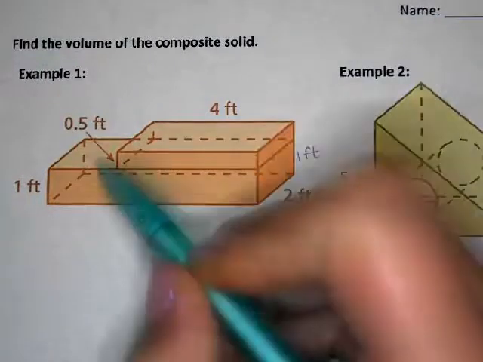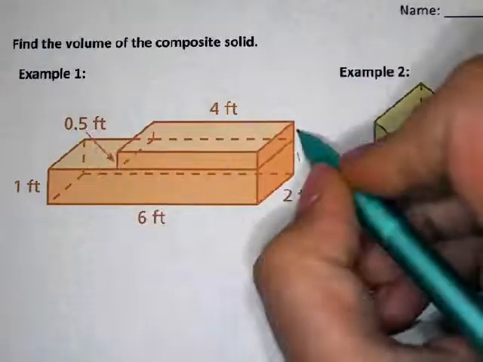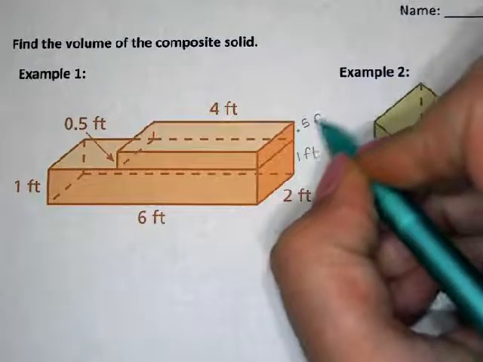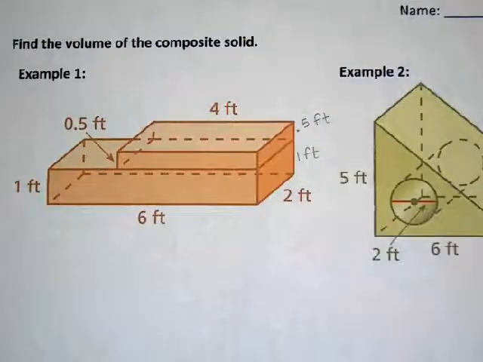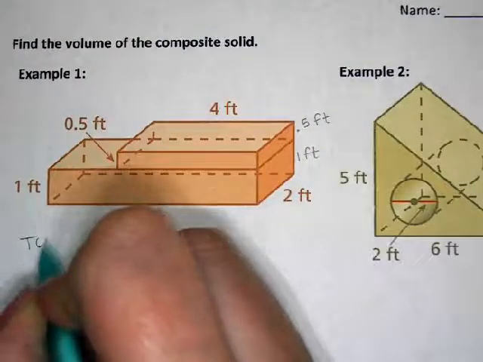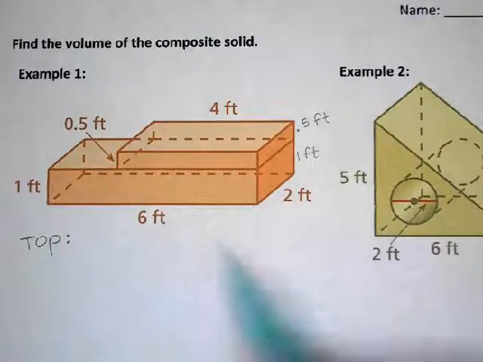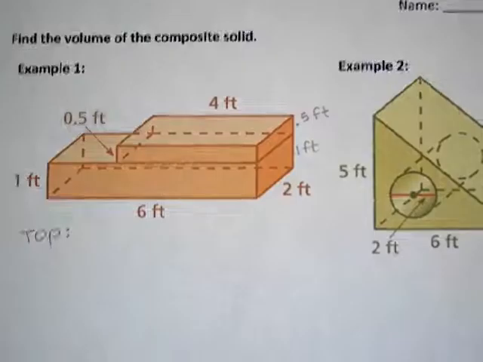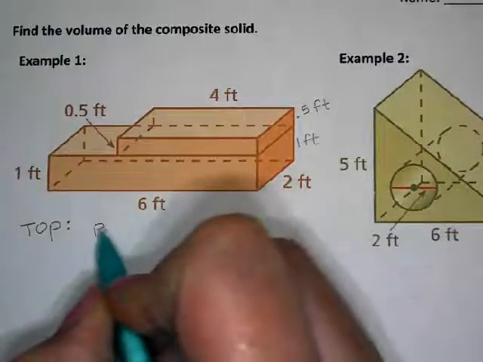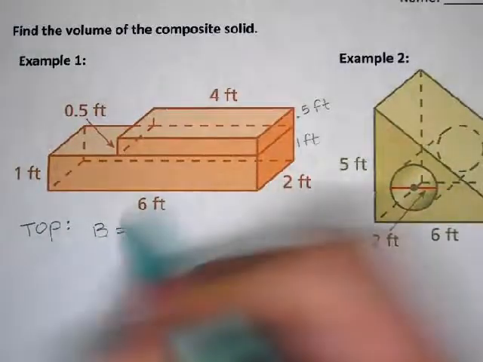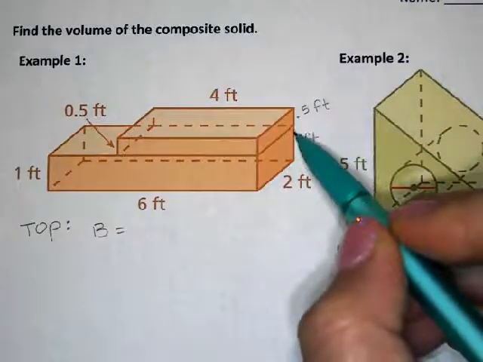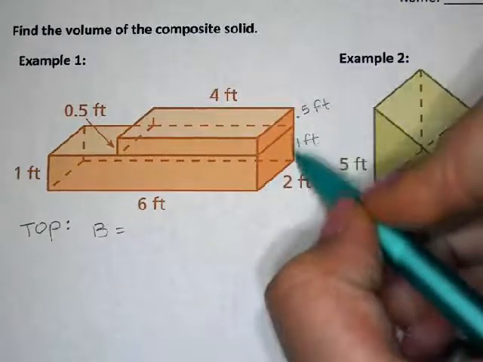And that says 0.5 feet, so this is also 0.5 feet. So I'm going to have the top rectangular prism, this piece right here, and then also the bottom rectangular prism. So I need to find the area of the base. The base is 1 by 2.